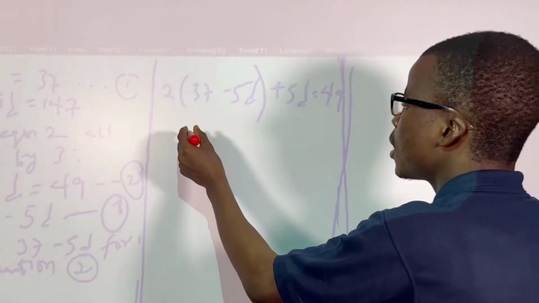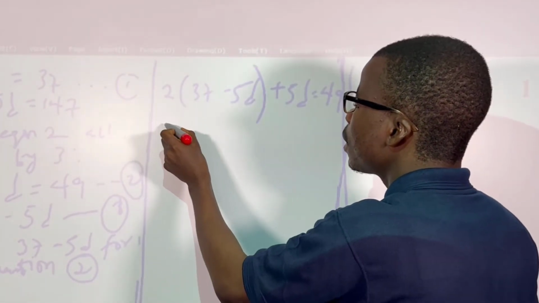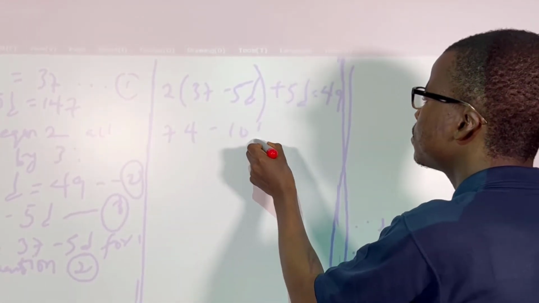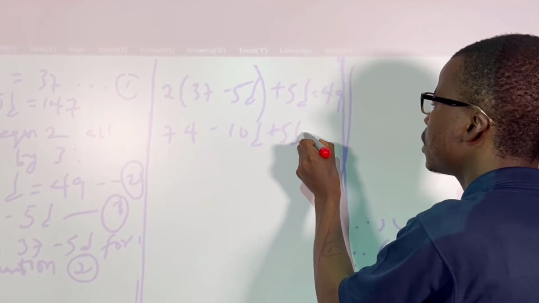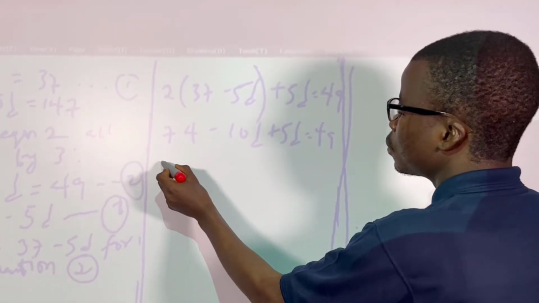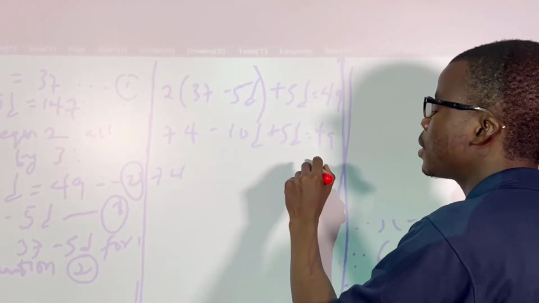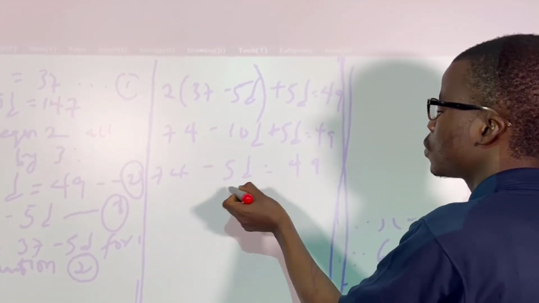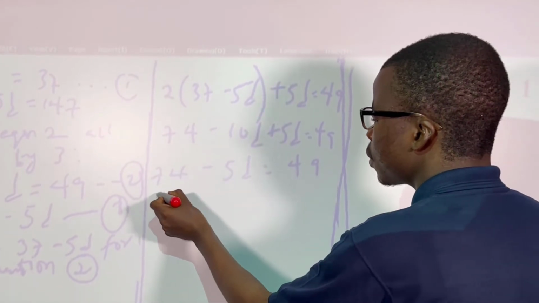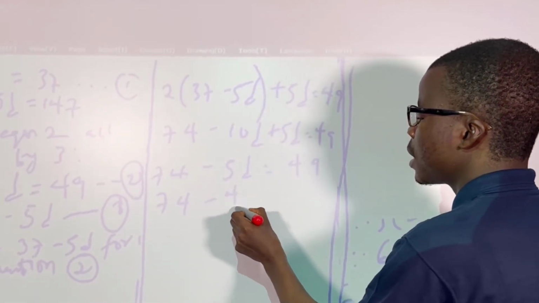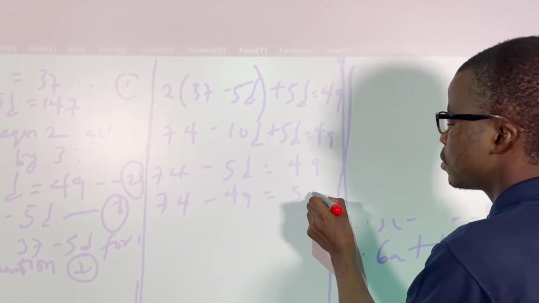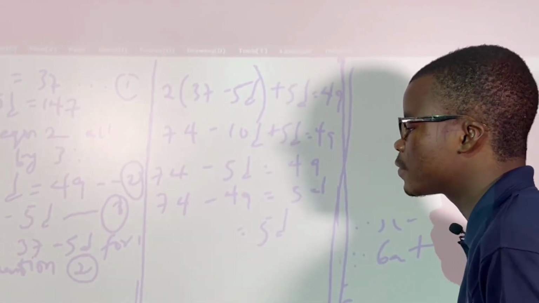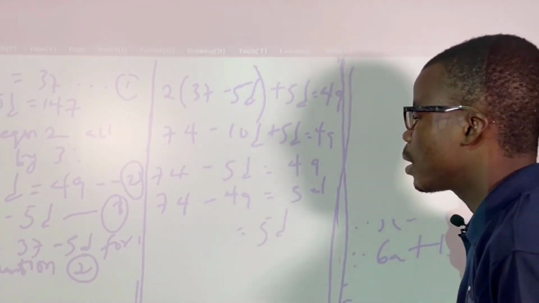So open the bracket, we have 74 minus 10d plus 5d equals 49. So we have 74 minus 10d plus 5d, we have minus 5d equals 49. So minus 5d comes here, 49 comes here, we have 74 minus 49 is equal to 5d. So we say 5d is equal to 74 minus 49.